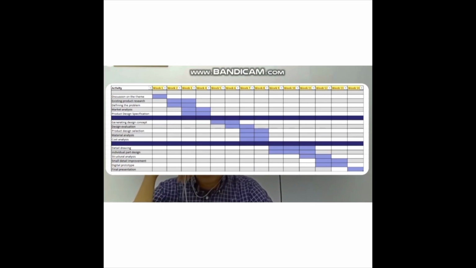Starting week 9, we moved on to detailed drawing and specific part design. We took almost 3 weeks for the detailed drawing and individual part design. Later on, we also carried out structural analysis and, of course, the digital prototype of our product.